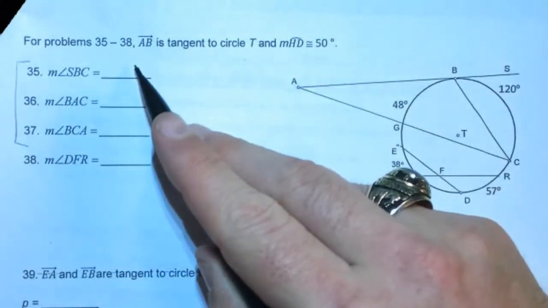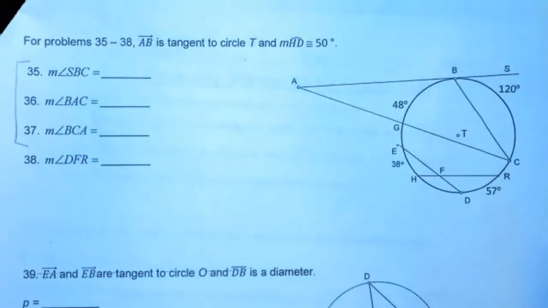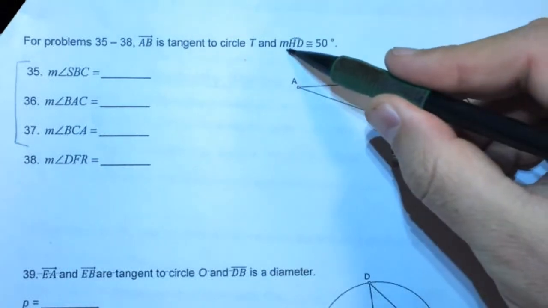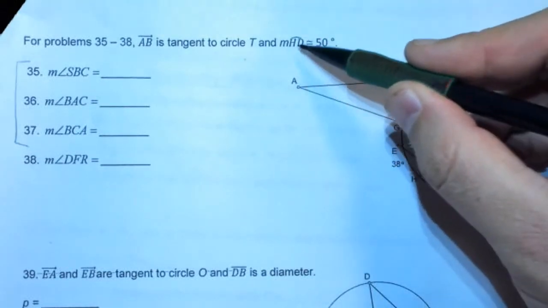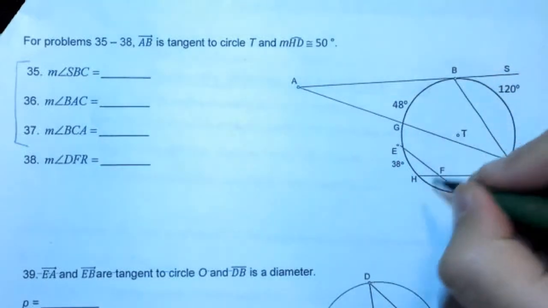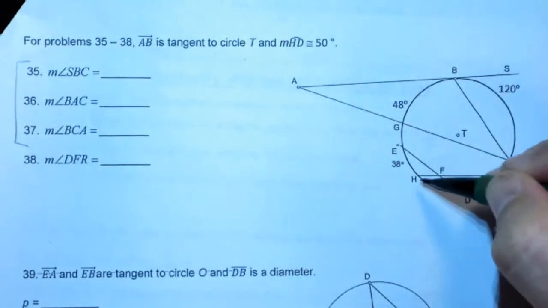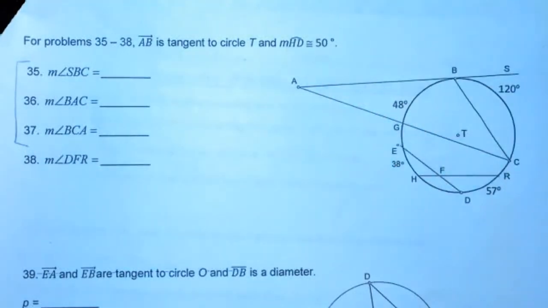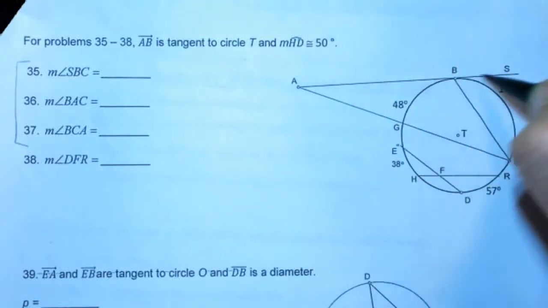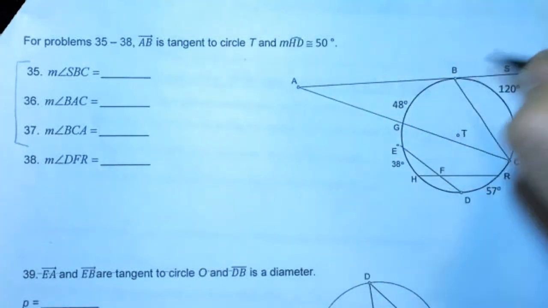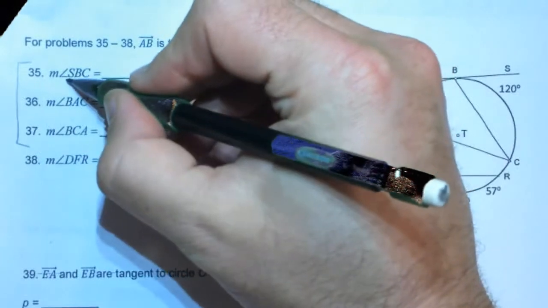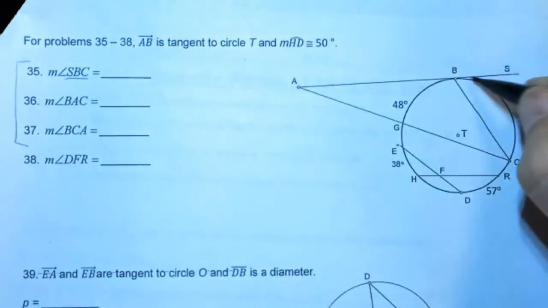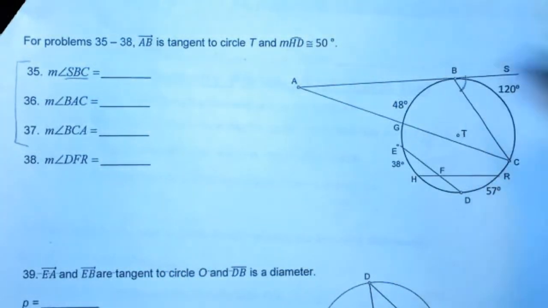Now, it tells me that ray AB is tangent to circle T, and that the measure of arc HD is 50 degrees, and I'm going to hold on to that until the second video, so I'll actually put that in later. The important thing here is that this is a tangent. Now, it wants me first to find the measure of angle SBC, so this angle here.